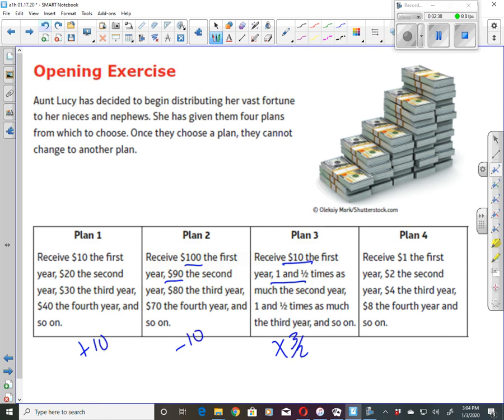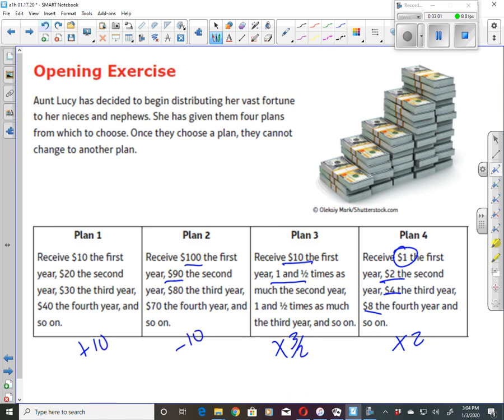So it's going to grow each year. And then finally, we start plan 4. We start with $1, and each year it looks like it doubles. So 2, then 4, then 8, and so on. So times 2 each year.